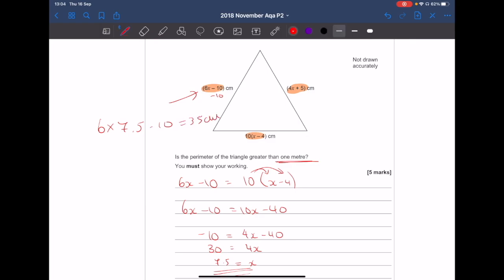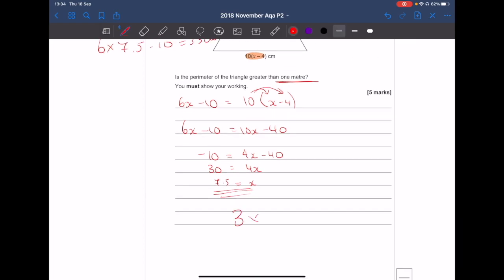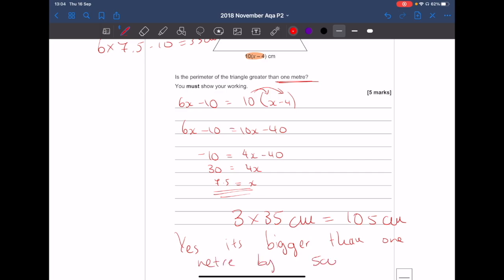So that's 35 centimeters. 3 times 35 centimeters is 105 centimeters. So yes, it is actually bigger, yes, it's bigger than 1 meter by 5 centimeters.